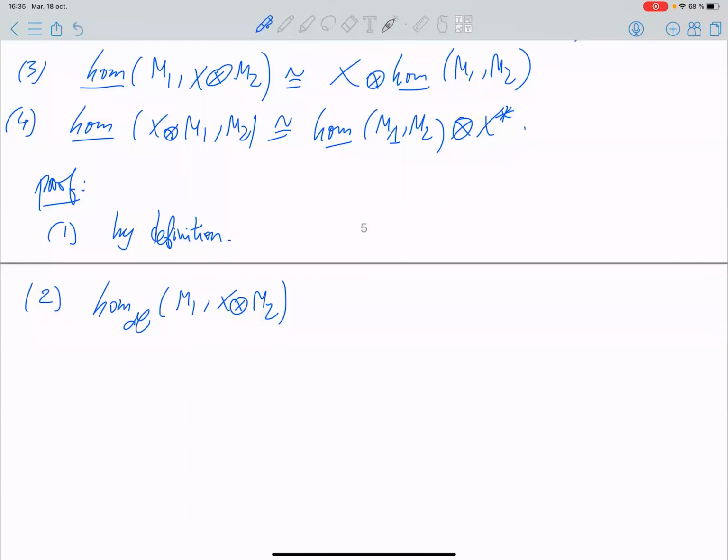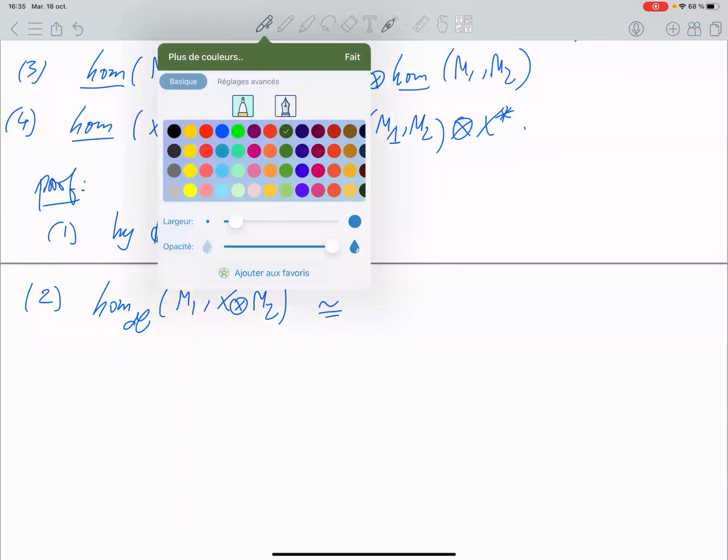You apply the natural adjunction isomorphism of C-module M. So this is something we saw.